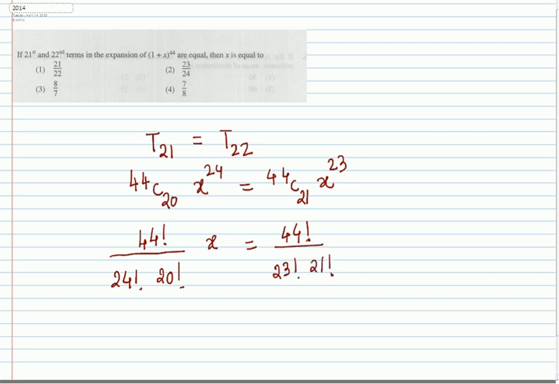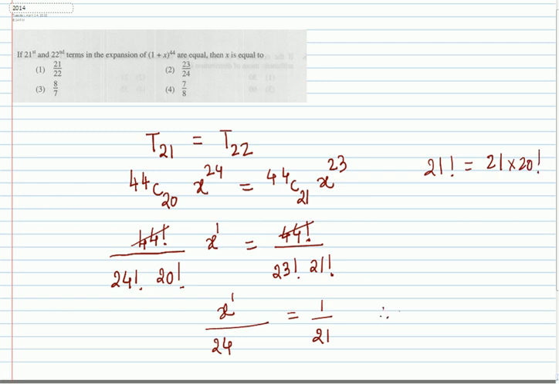So x to the power 23 gets cancelled, we have x to the power 1. Now 44 factorial gets cancelled. So after all expansions, what we are getting is, here 24 is remaining, and here 1 divided by 21 is remaining. Because 21 factorial can be written as 21 into 20 factorial, hence 20 factorial gets cancelled.